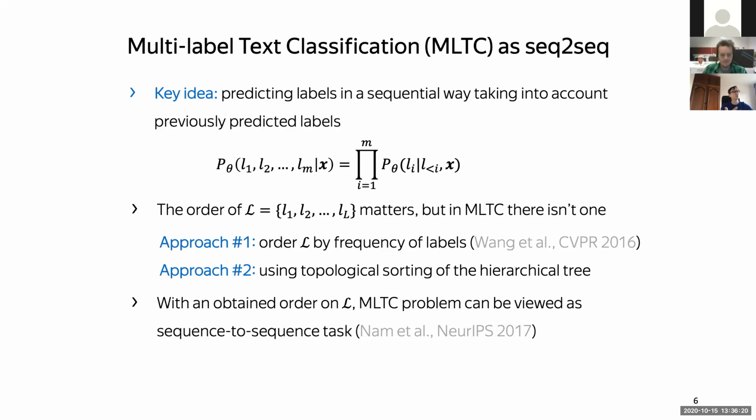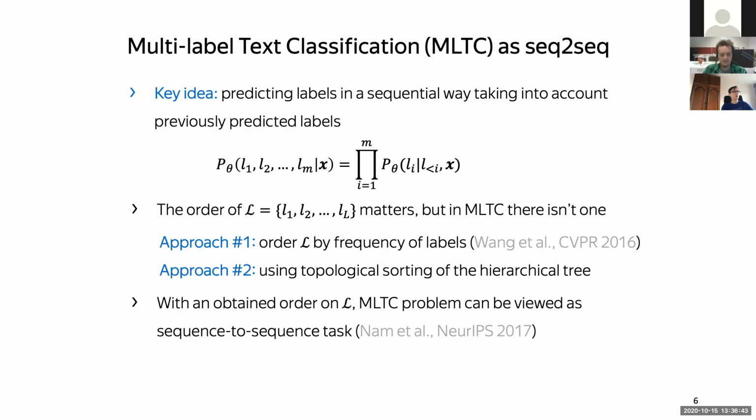With any order, this decomposition would be true, but to actually model this sequence, we basically have two approaches. In this task, we don't have a natural ordering in the output sequence as we would have in machine translation, for example.